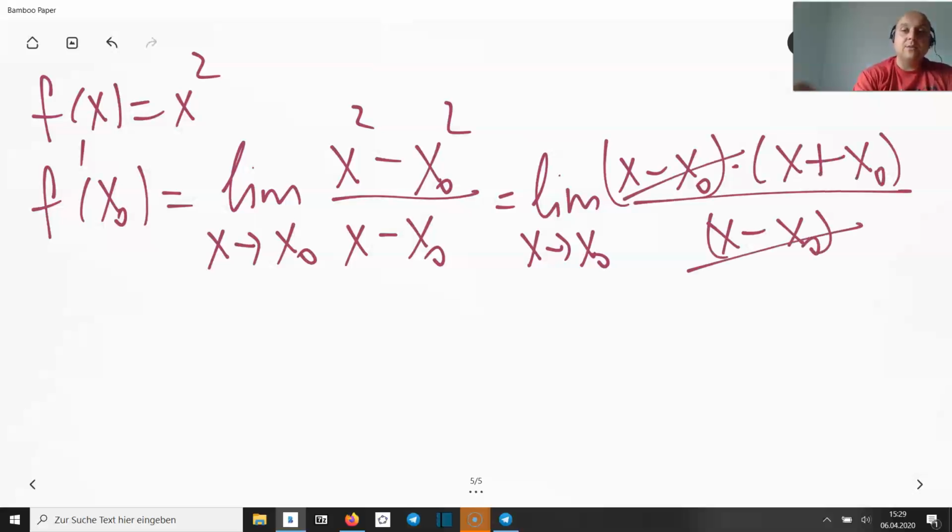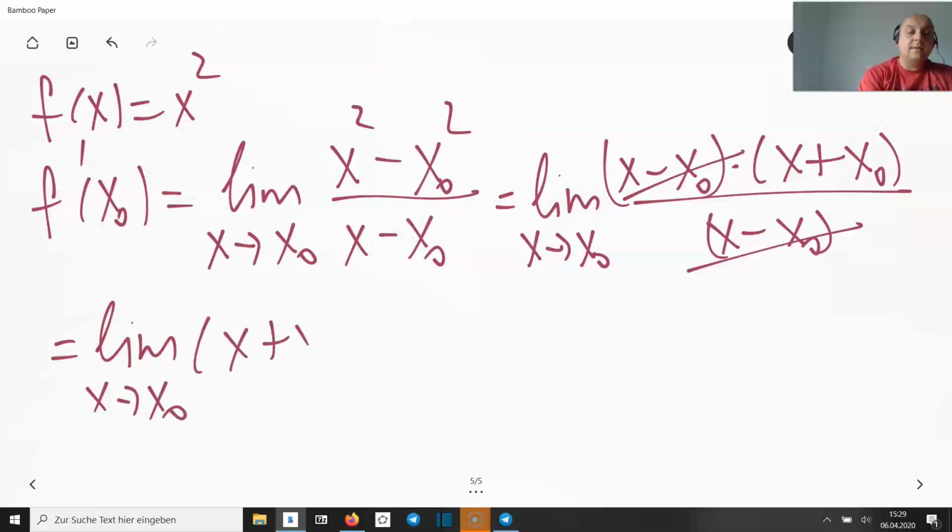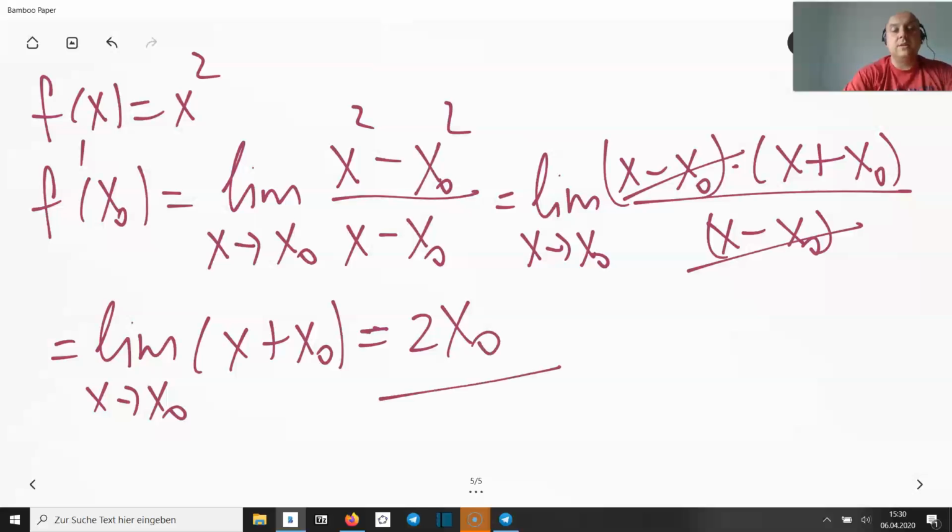As you can see, we cancel those two, and we get the limit as x goes towards xo of x plus xo. And now we have, once again, no trouble to put x towards xo, so we get 2xo. As you can see, the same result, which is also very important here.